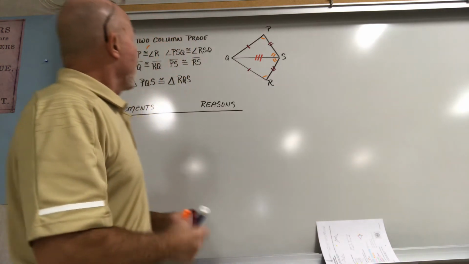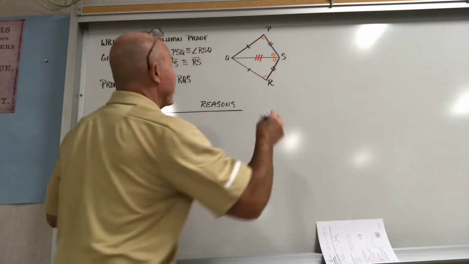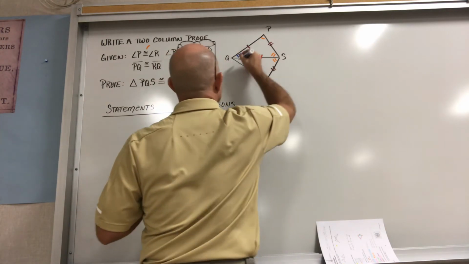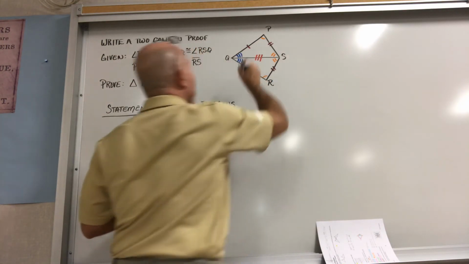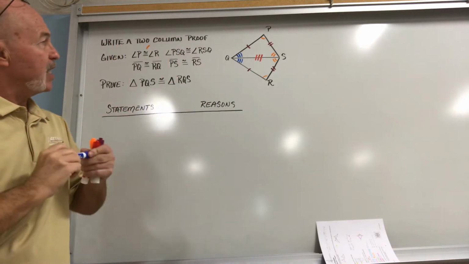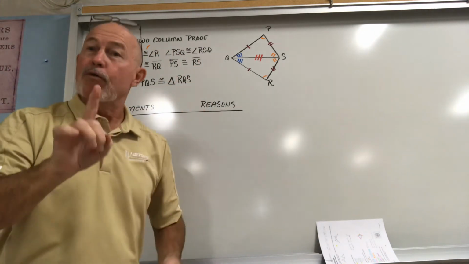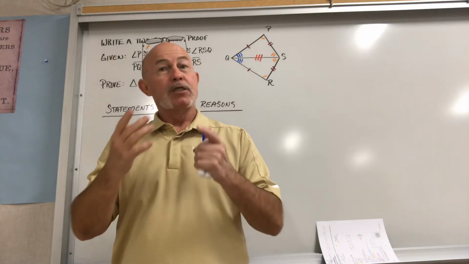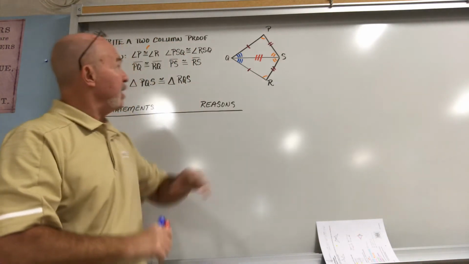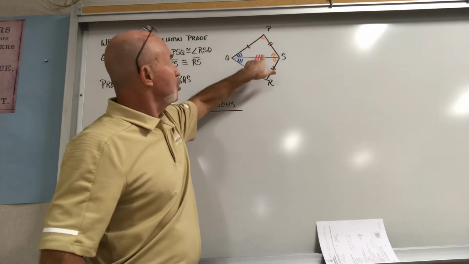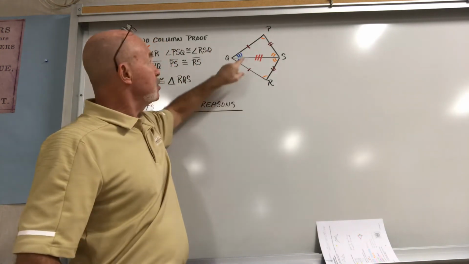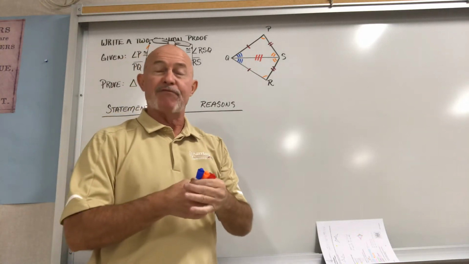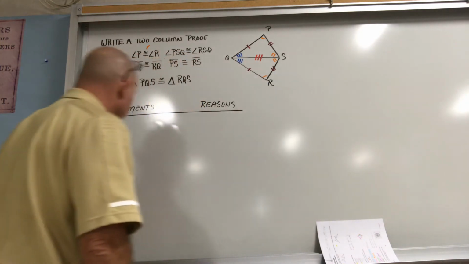And the other thing I can figure out is that PQS and RQS are equal. Remember our new theorem, the third angle theorem. So, do we have enough information? 1, 2, 3 pairs of sides. 1, 2, 3 pairs of angles. We have enough. Let's write the proof.